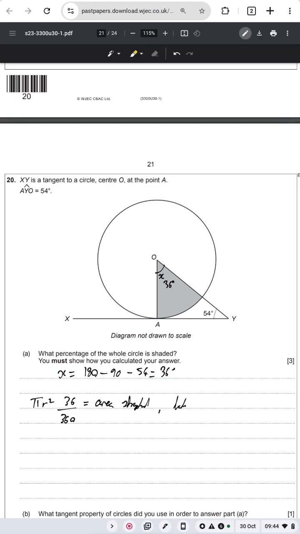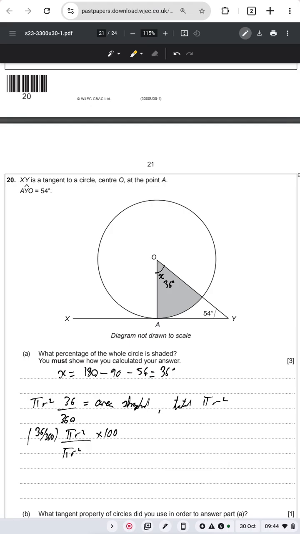Total area is pi r squared. So we can do this as 36 over 360 times by pi r squared. To work out a percentage, we divide by the total, which is pi r squared, and then we times by 100.